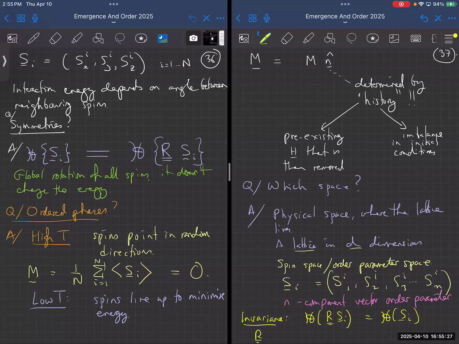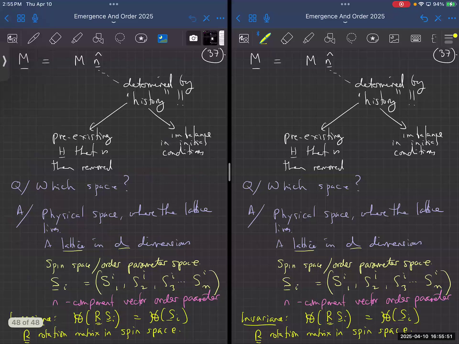R is a rotation matrix in spin space. We're applying a global rotation to the spins, keeping the interactions the same. So I'm not taking the lattice and rotating it like that. I'm keeping the lattice the same and rotating the order parameter.